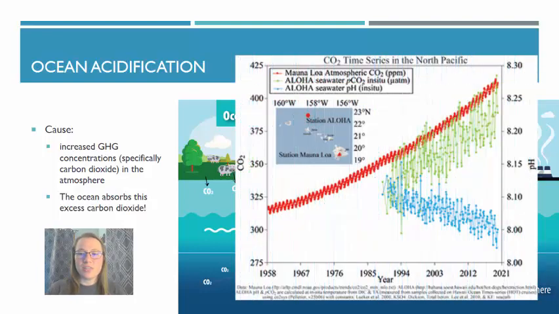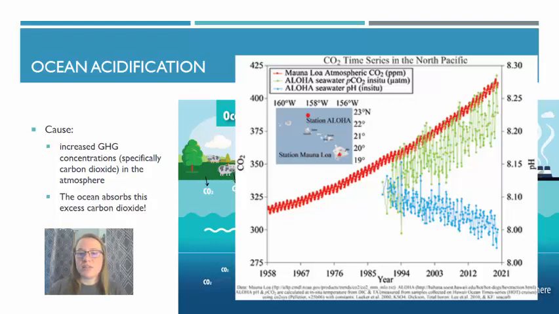Now I want to look here at the Keeling curve, which is from Mauna Loa Observatory that we've looked at in the last few videos. The atmospheric carbon dioxide concentration measured at Mauna Loa is the red line. Remember, Mauna Loa is a little triangle there on the map in Hawaii.